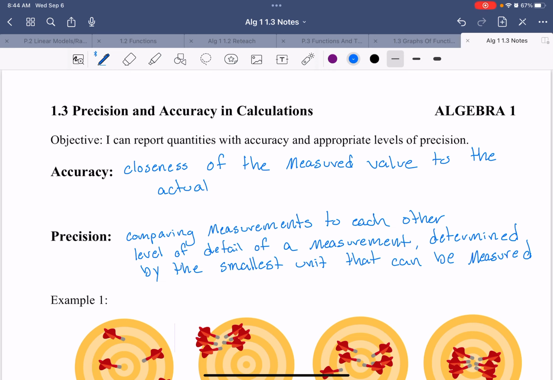Okay, so precise measurements don't necessarily go with how close it is to the actual measurement, but more so how close it is to each other.